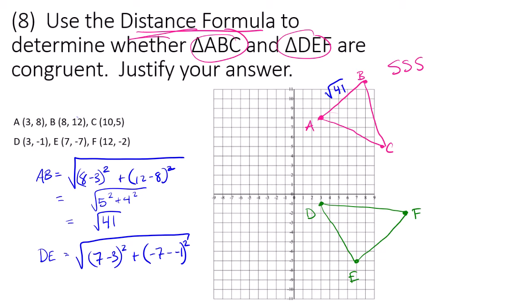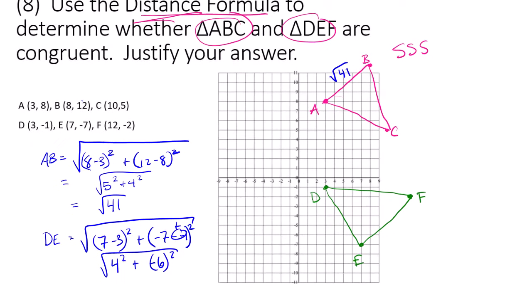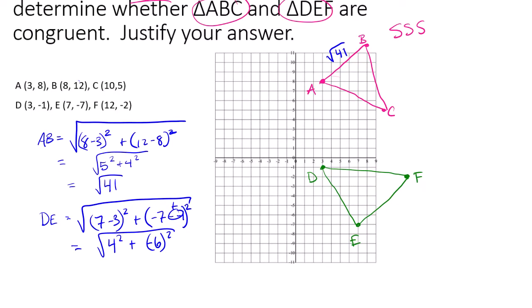All right, and so here that turns to a plus, so we get 4 squared plus -6 squared. And that would equal 16 plus 36 is 52, so we get the square root of 52. And that breaks down to 2 root 13. So DE is 2 root 13.